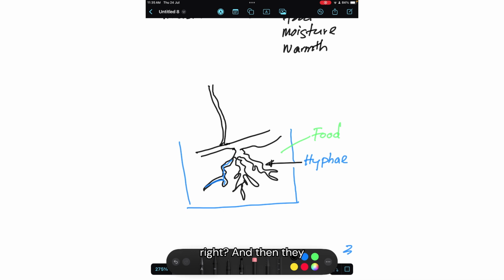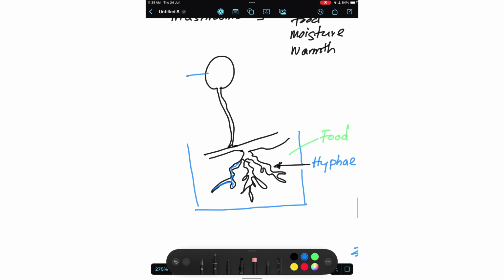And then they make a head here. So this head we call a sporangium.